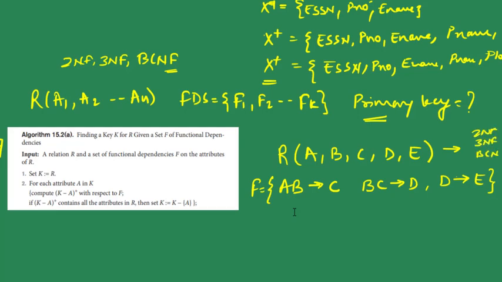For all of these, we require the key of the relation. Now, is it possible to find out the key of a relation given a set of functional dependencies like this? And the answer to this question is yes.